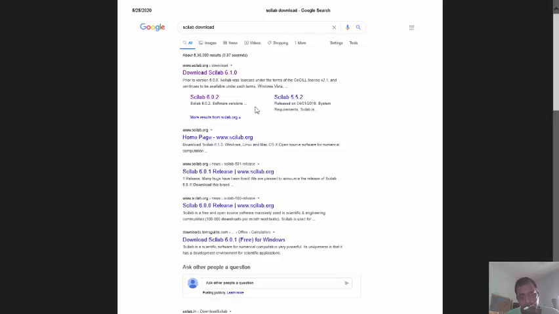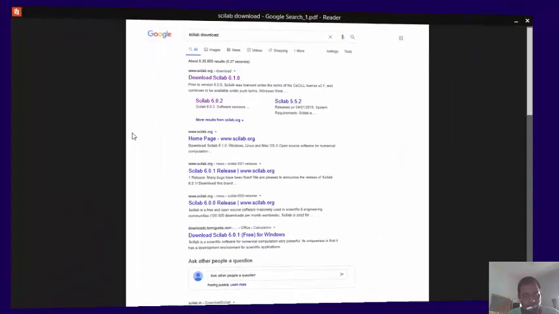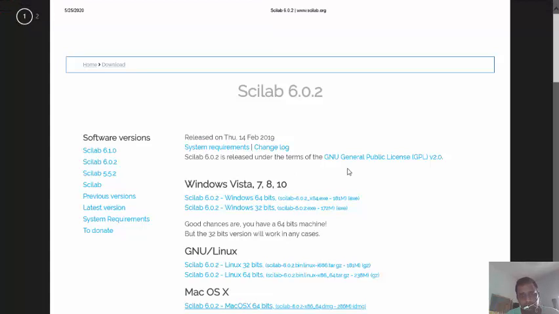We are using the 6.0.2 version, and if we go to download, then it will ask whether our laptop or desktop is 64-bit or 32-bit. Knowing that information, we have to download that particular version.